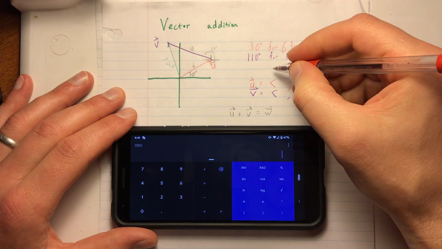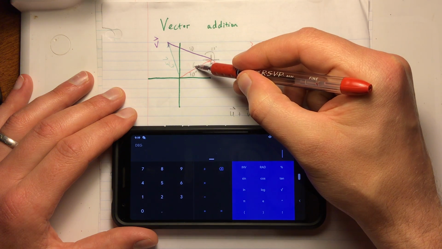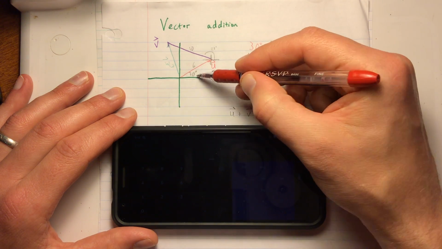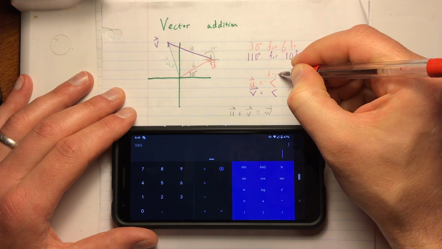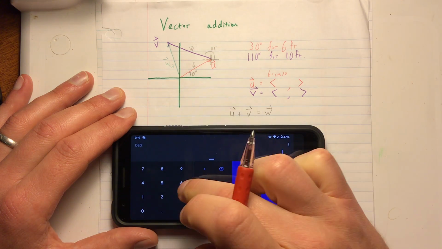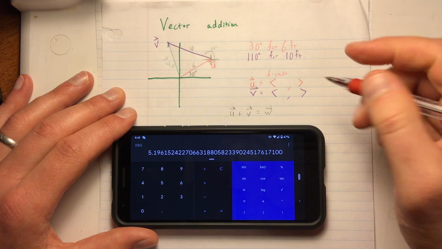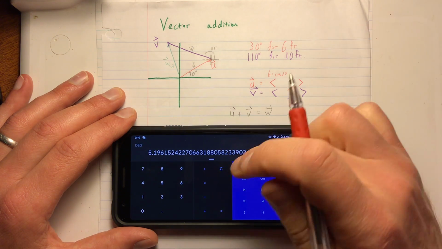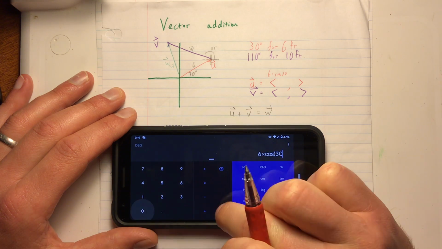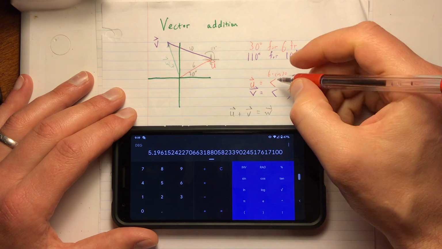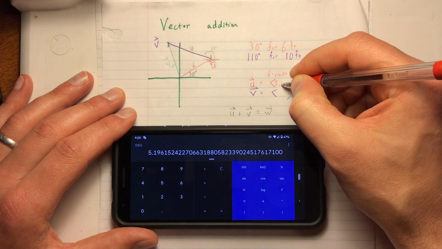So if you will recall, the x component is always going to be the magnitude times the cosine of that angle. So 6 times the cosine of 30. 5.196.